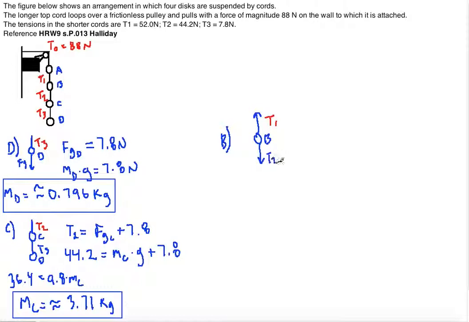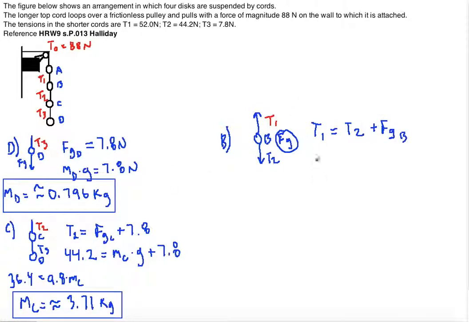T2. So in this system, like we saw over here, we've got T1, the tension force pulling up. We've got the mass B, which is also subject to Fg, the force of gravity. And we also have a tension force downwards because of the additional masses. In writing this equation, we have to factor that in, and what we get is that T1 is equal to T2 plus FgB.